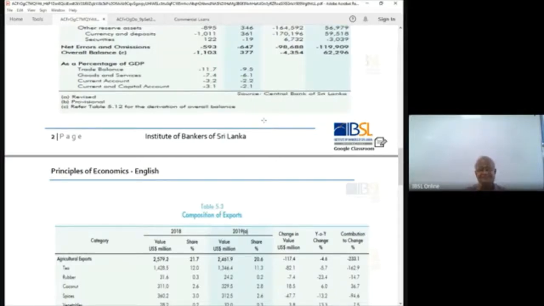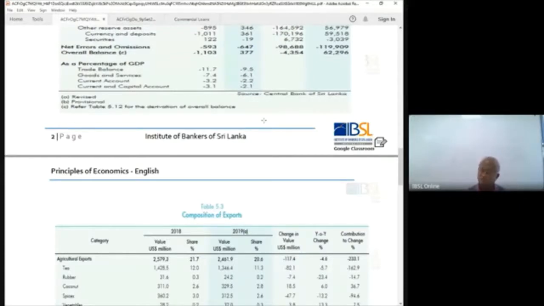Investments and activities with a bigger lifespan are not entered; they come under the financial account. Loans with a bigger lifespan, where the repayment period is longer, are entered in the financial account. The purchase and sale of real assets and the purchase and sale of financial assets are also entered in the financial account.